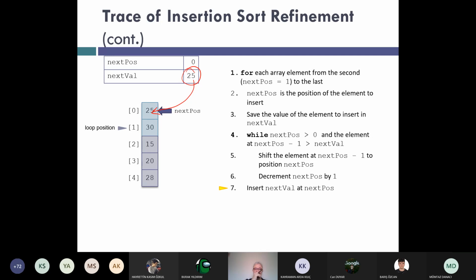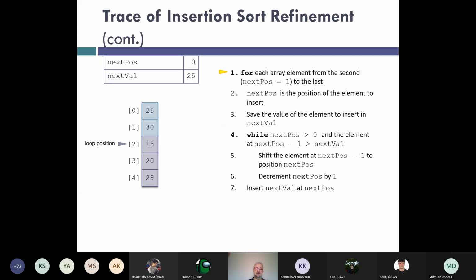Okay. After this operation, the first iteration of this outer for loop is finished, and we are sure that the values here are sorted. 25, 30 is sorted.